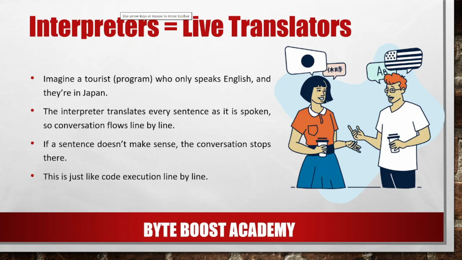Suppose I say bye bye, and the interpreter processes that line and says that the person wants to say sayonara. Maybe I'm not equipped with the Japanese language, but I am providing it as an example.